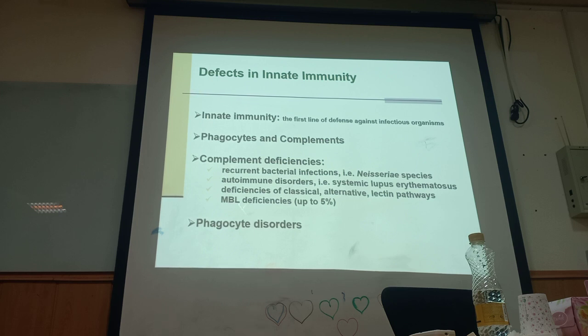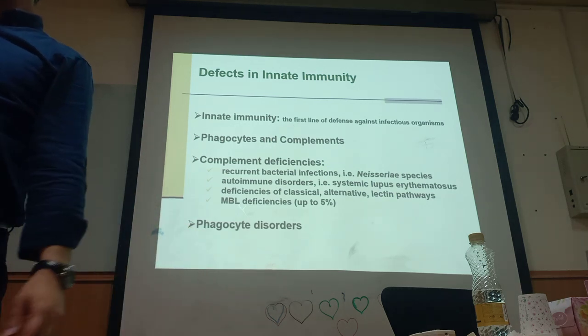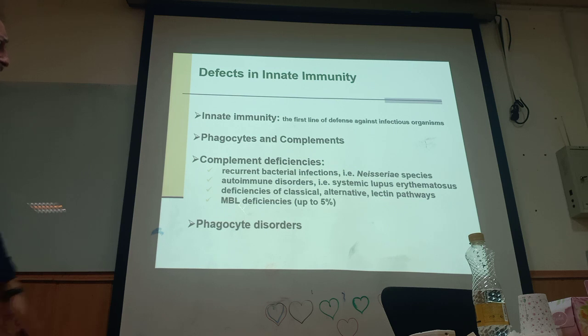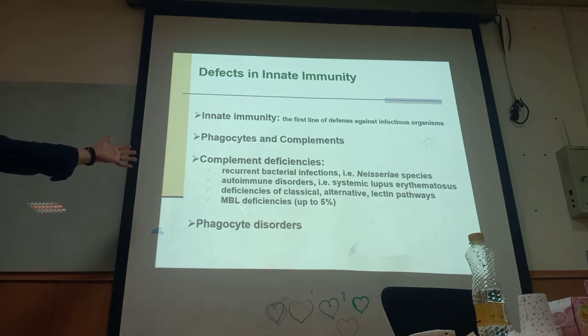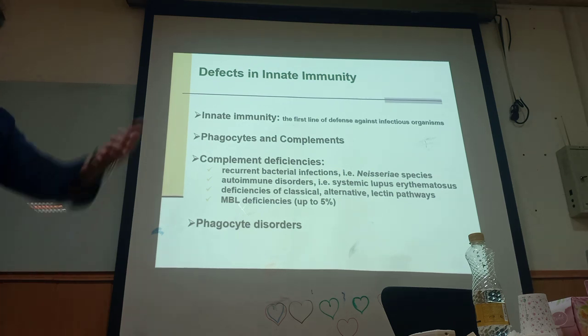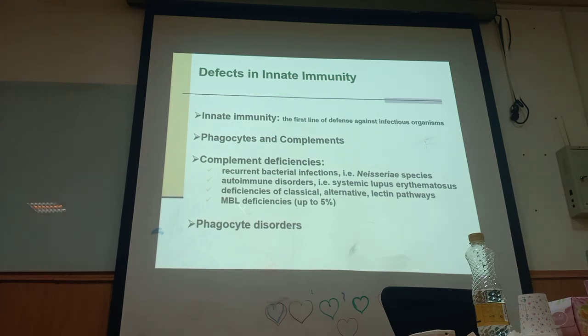Okay? So I would like to discuss phagocyte defect, complement deficiency, T cell defect, and antibody deficiency. Regarding complement deficiency, a little bit has been mentioned in your book, so I'm not planning to discuss more. But if you remember the complement cascade, at the end there was C5 to C9, where we mentioned MAC.